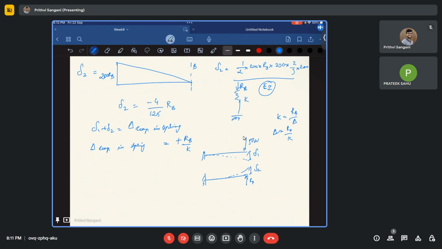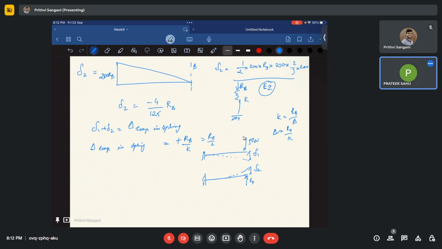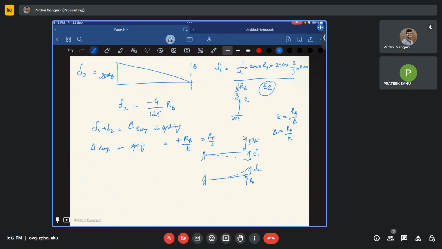This is my delta 2. So delta 1 minus delta 2 should be the compression in the spring, which is nothing but RB by K, that is RB by 2. Are you able to follow? Yes sir. So the net of delta 1 and delta 2 will be the compression in the spring, which is directly RB by 2.